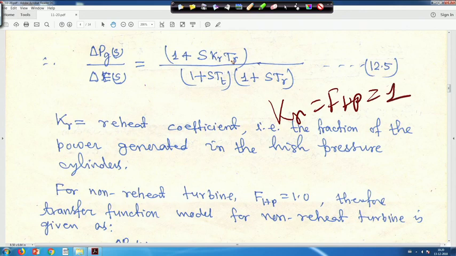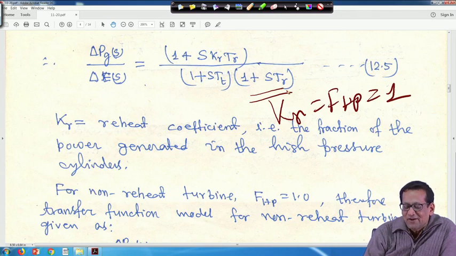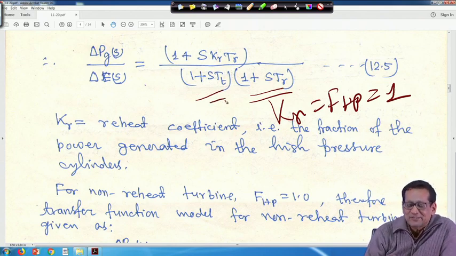In that case if you put KR equal to 1, the 1 plus STR will cancel, or as the reheater is not there, you can simply put TR equal to 0, then it will be 1 upon 1 plus STT.